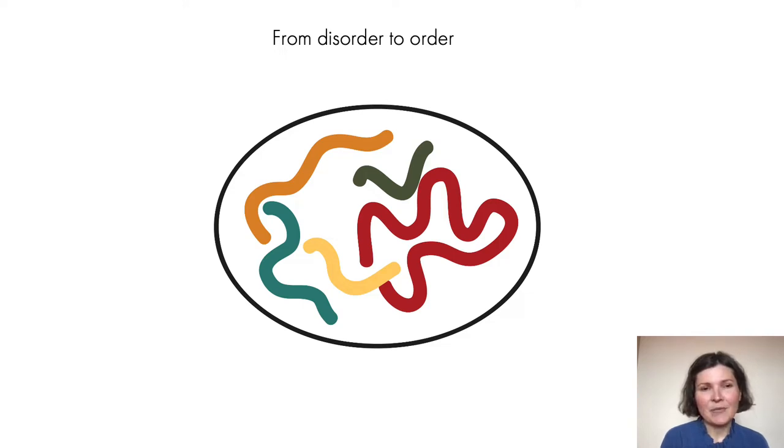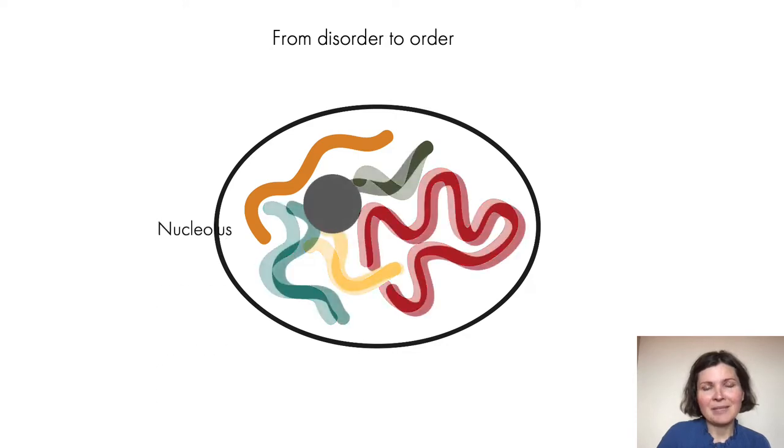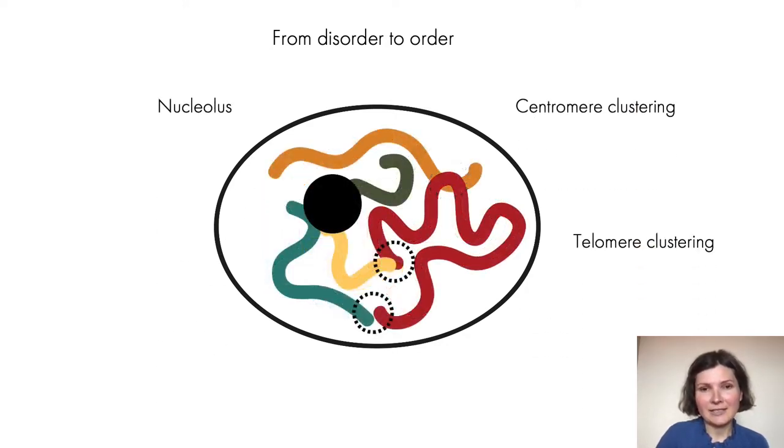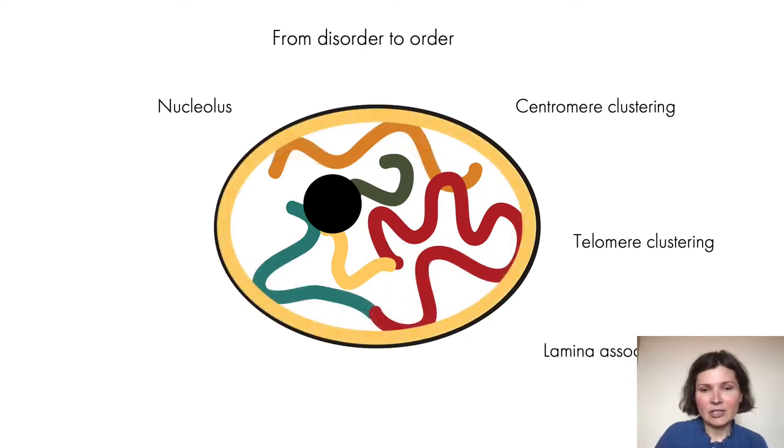We know that, for instance, individual chromosomes need to come together for nucleoli to form. We know that the centromeres tend to cluster, telomeres cluster as well, and that certain genomic regions have this strong tendency to be associated with the nuclear lamina, to form lamina associated domains.